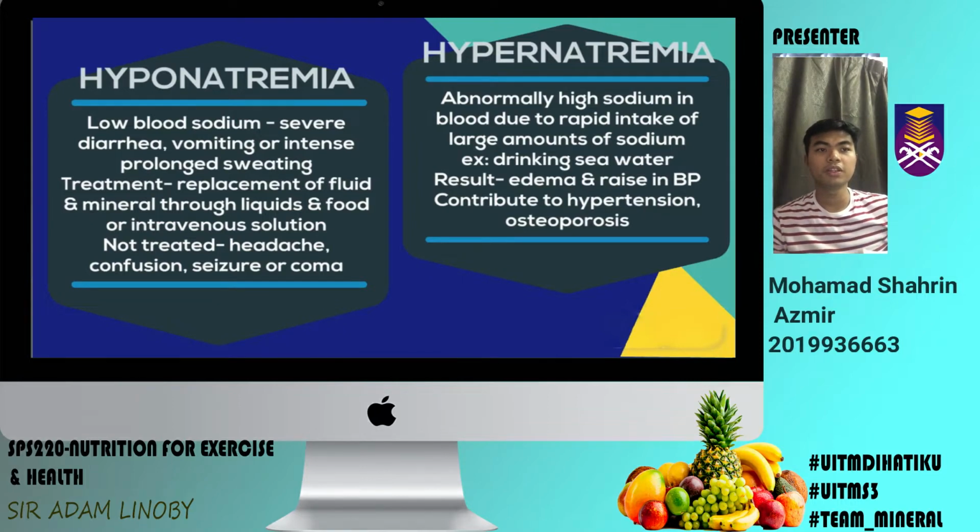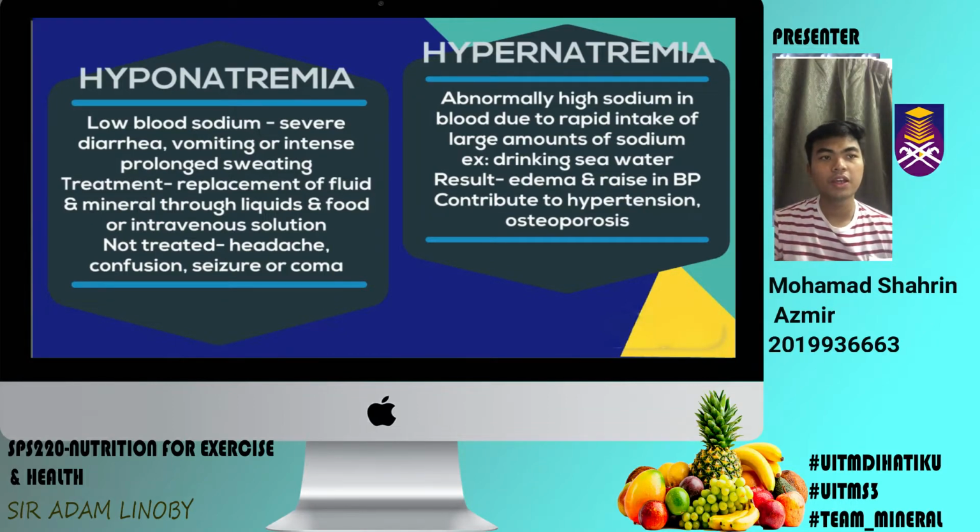Hypernatremia is abnormally high sodium in the blood due to rapid intake of a large amount of sodium, for example, drinking seawater. As a result, we can get edema or swelling and a rise in our blood pressure. Usually, hypernatremia can be seen in patients with congestive heart failure or kidney disease.